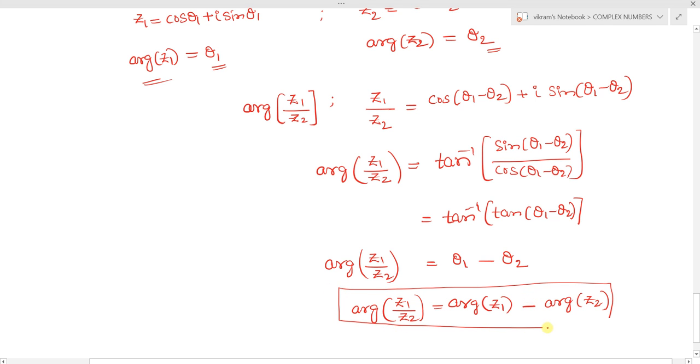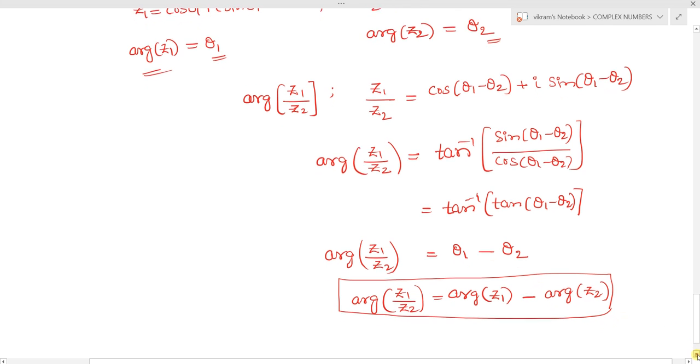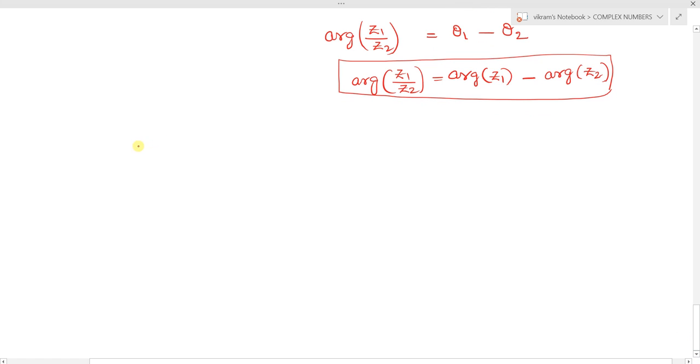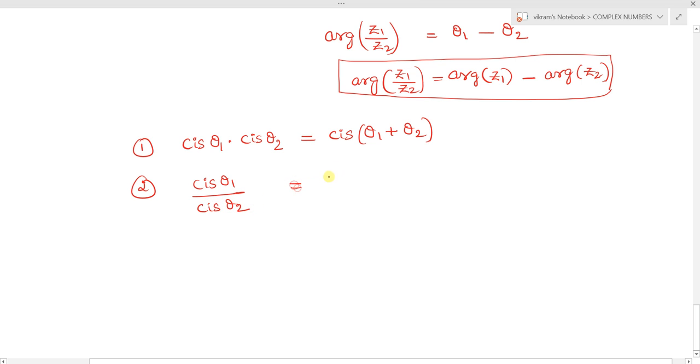Okay, so this is another important property. Now I am summarizing what we learned over here. The first thing: cis theta 1 into cis theta 2 equals cis of theta 1 plus theta 2. And cis theta 1 by cis theta 2 equals cis of theta 1 minus theta 2.